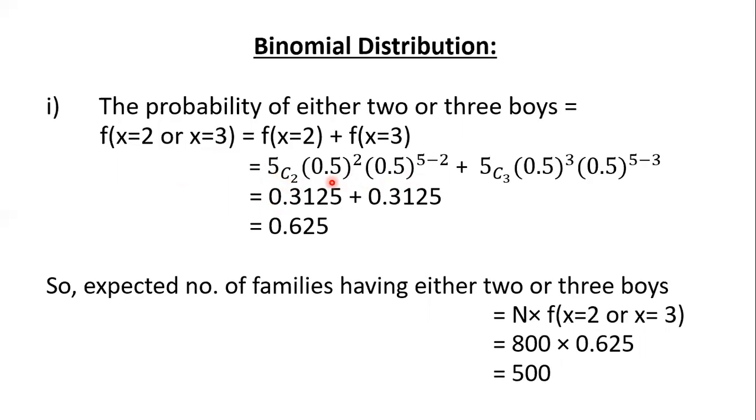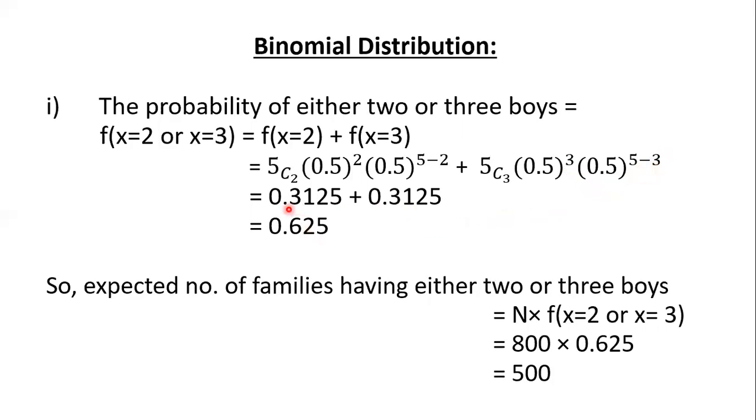5C2 × (0.5)^2 × (0.5)^(5−2) + 5C3 × (0.5)^3 × (0.5)^(5−3).